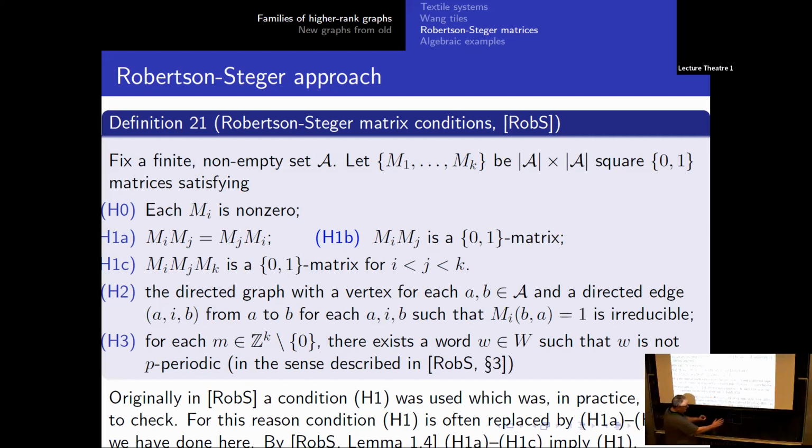So this condition will give you a period with all positive numbers, and this condition here will give you a period where some of the coordinates are negative. So basically, you're asking for all these ways of filling it in to be sufficiently random, so that you can find tiles that don't repeat themselves, and so you can build rectangles that don't repeat themselves.